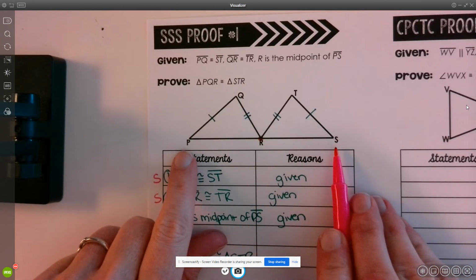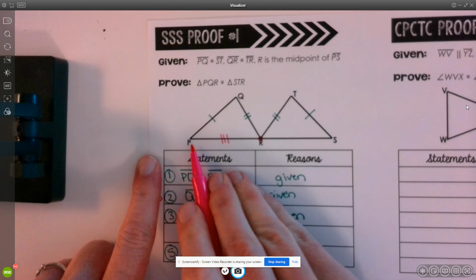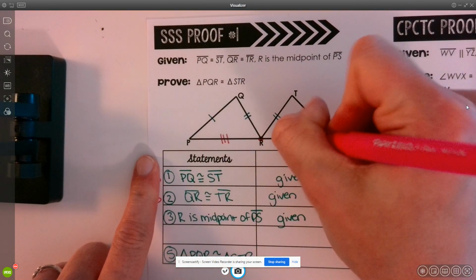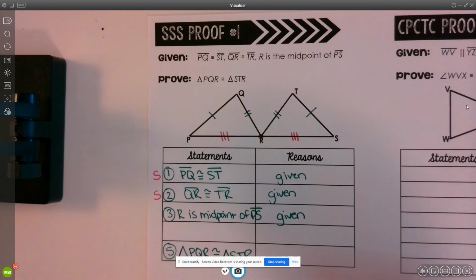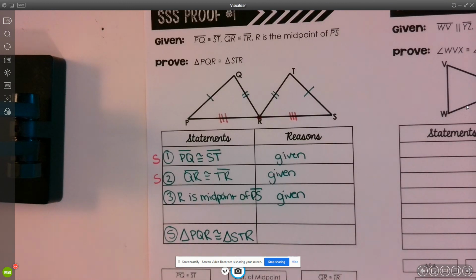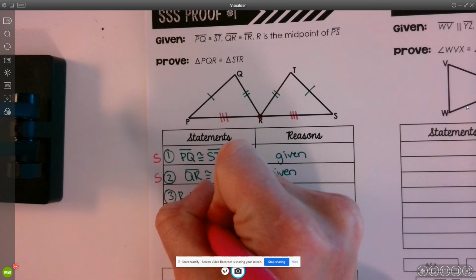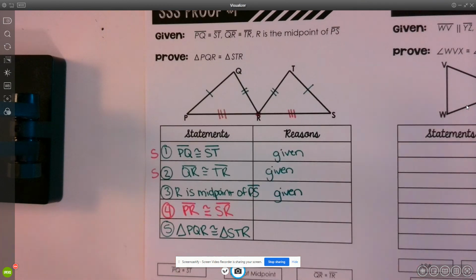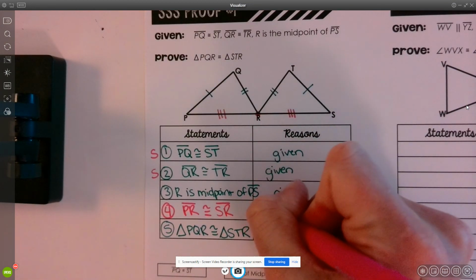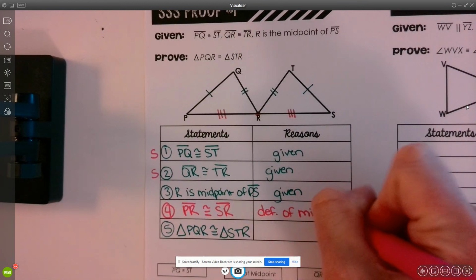So if R cuts line segment PS in half, that must mean line segment PR has to be the same length or has to be congruent to line segment SR. And so because R is the midpoint of line segment PS, we can conclude that line segment PR has to be congruent to line segment SR. And our reason for that is the definition of midpoint. We use the definition of midpoint and the fact that R was a midpoint to determine that those two segments were congruent.